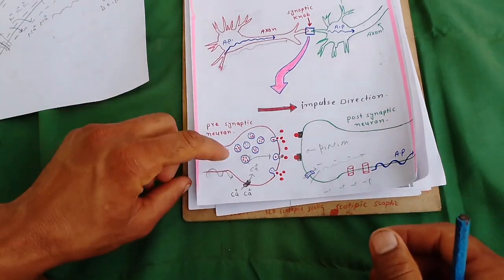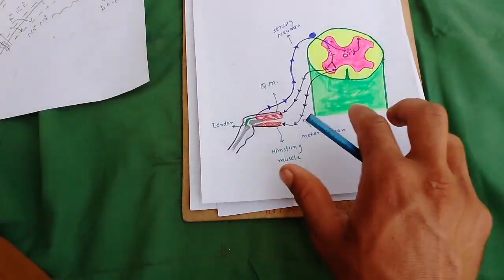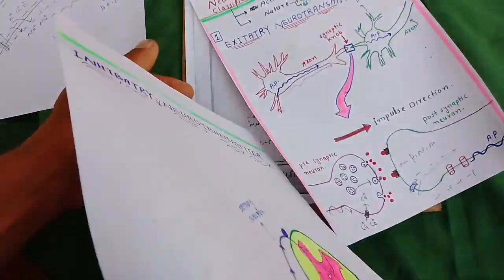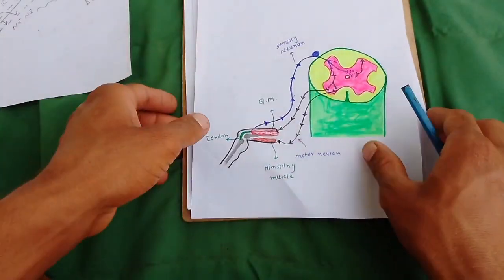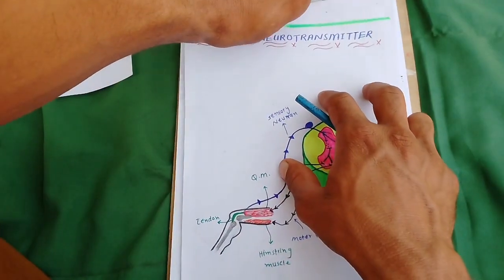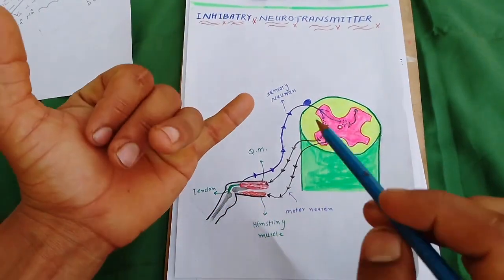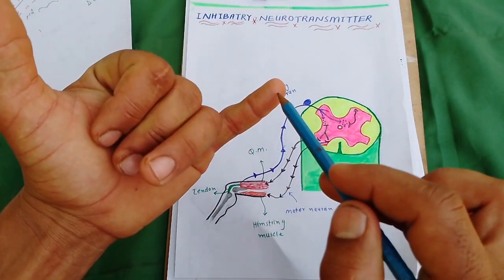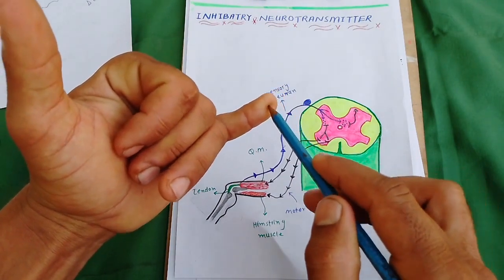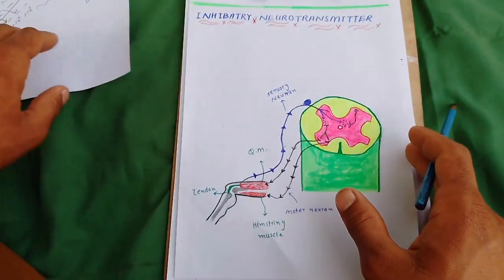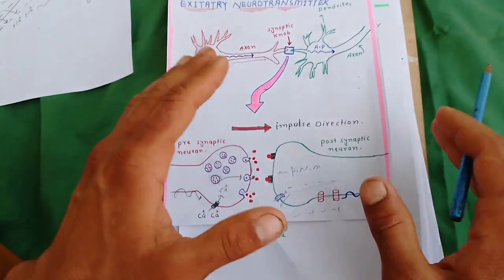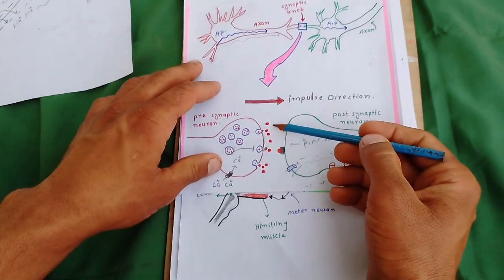What is an inhibitory neurotransmitter? What is meant by the inhibitory neurotransmitter? An inhibitory neurotransmitter is the type of neurotransmitter which causes inhibition on the target cell.